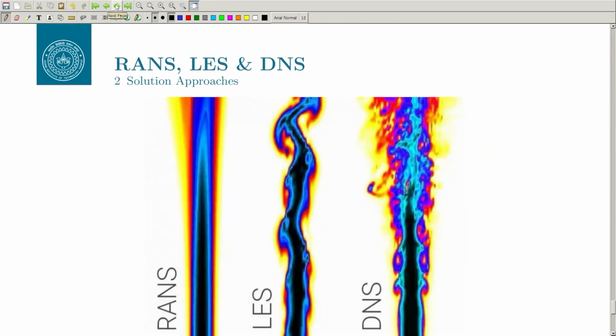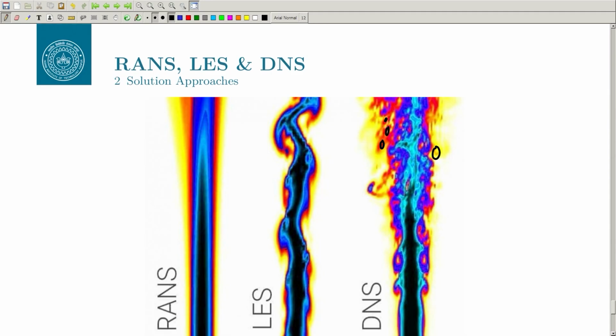And this is, for example, one picture of RANS versus LES versus DNS that is very common; you can easily find it if you search in Google for RANS LES versus DNS. You can see that in the DNS you are resolving all kinds of scales, very small scales, and the RANS is just the mean flow, as the flame is going up.